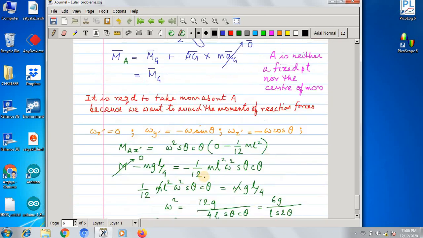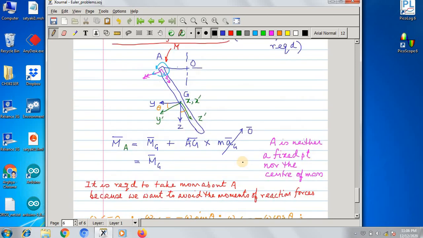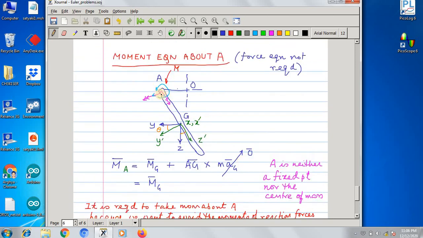From here you get directly this value of omega. It is useful to take moment about A because we want to avoid the moments of the reaction forces. If you take moment about A, the moment due to the reaction forces at A will not enter the equation. You can take the moment about A, but with the Euler equation terms you have to add this additional term. But in this case, fortunately, since the center of mass acceleration is 0, this term has no meaning.